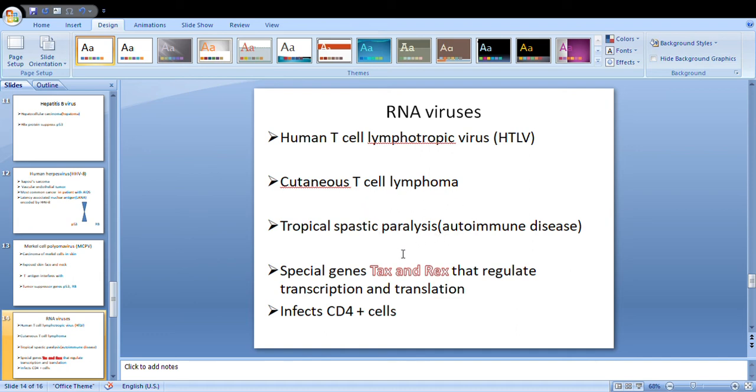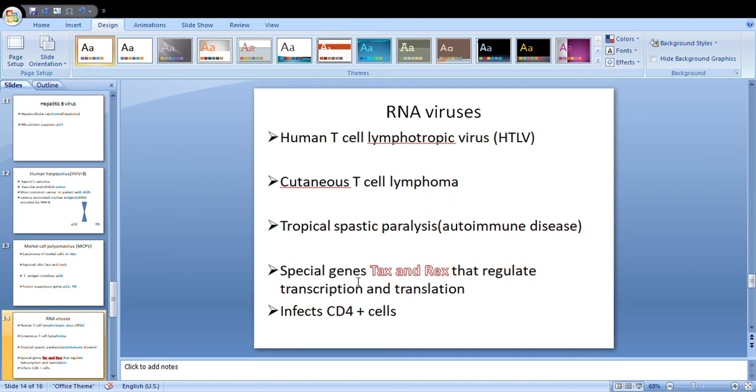The pathway by which HTLV causes cutaneous T cell lymphoma: it has special genes, the tax and rex, that regulate the transcription and translocation. So they cause change in the cutaneous T cell, causing the lymphoma.